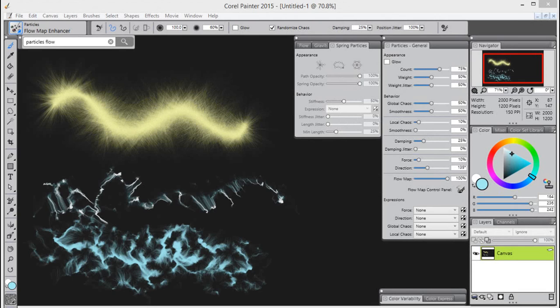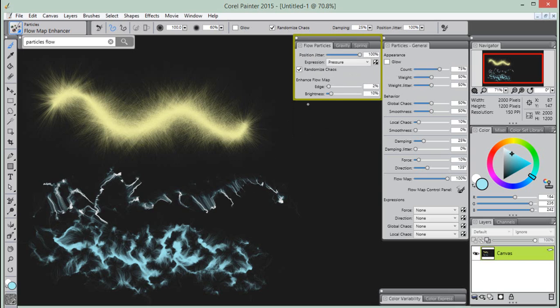You can customize flow particle brushes by using the Flow Particles control panel, which includes the position jitter, randomize chaos, and enhance flow map controls.